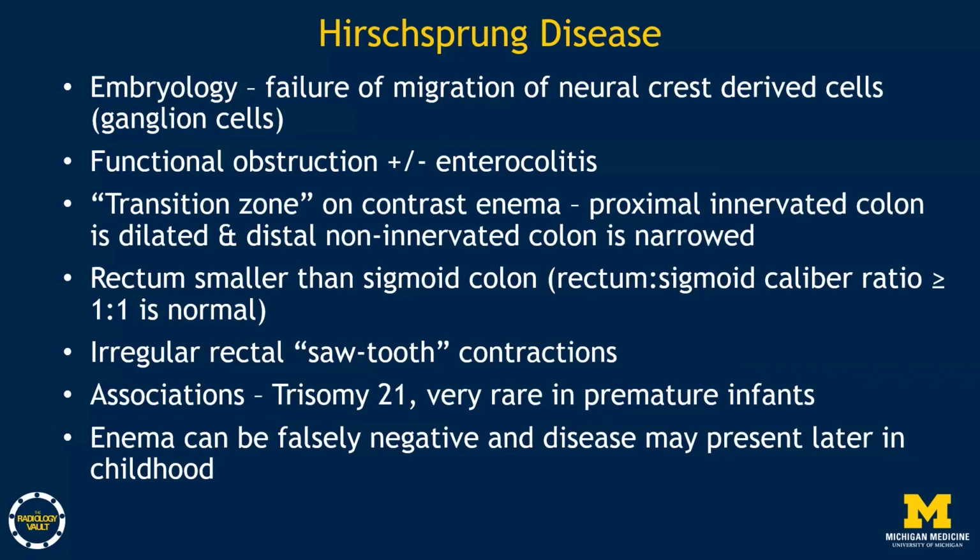These patients may present later in life with chronic constipation, possibly enterocolitis. Now, keep in mind that in a patient where you perform the enema and you think it looks normal, if that patient doesn't show clinical improvement, they may still need a suction rectal biopsy to look for Hirschsprung disease, where the enema may have been normal in that particular case.